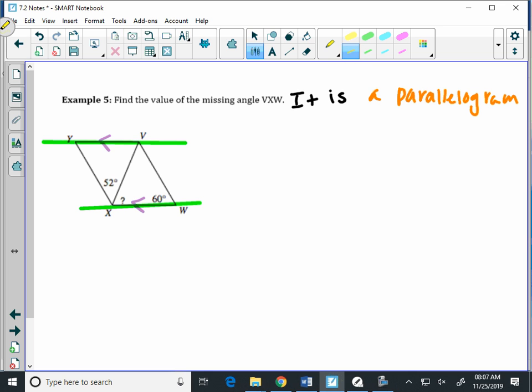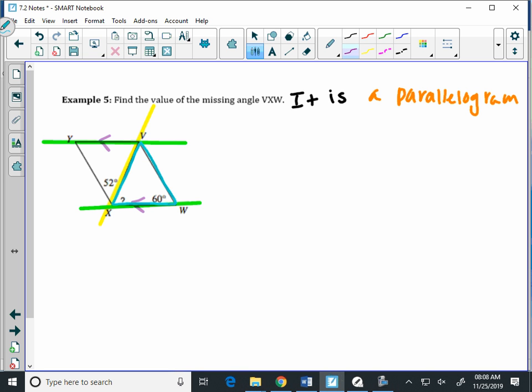This middle side is acting as a transversal, and that's going to help us. If we kind of cut this figure in half, what shape is that missing angle in? Kind of give you the answer. Right? This angle, come on, why are you being difficult today? There you go. That missing angle is inside that triangle.